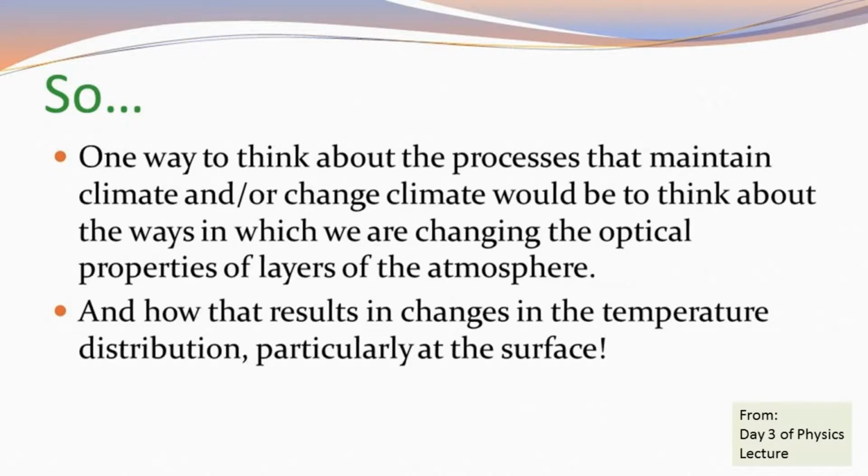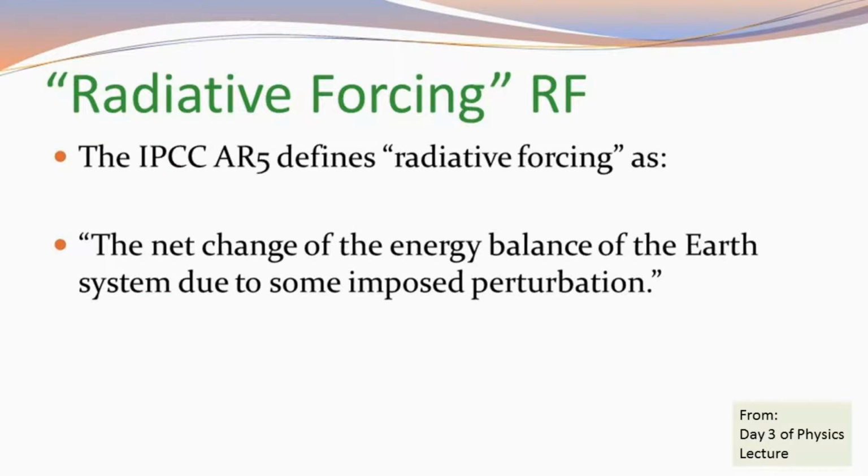So one way to think about the processes that maintain climate or change climate would be to think about ways in which we are changing the optical properties of these layers, and that is going to result in changes in the temperature distribution. This led us on slide 35 here to a powerful term that we used for the rest of the semester, and that was radiative forcing.